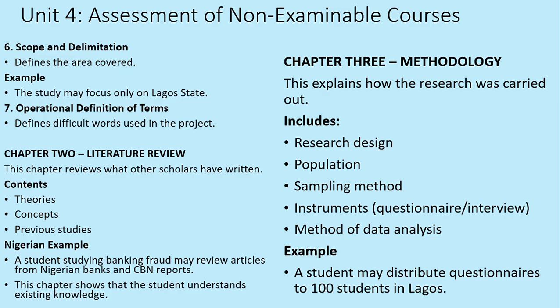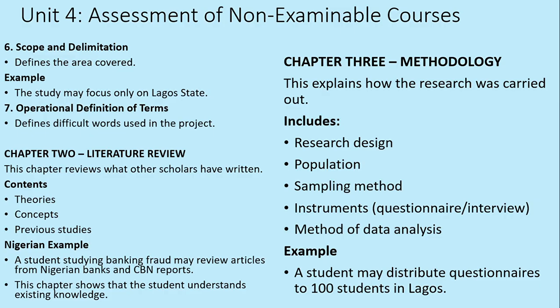Another example is that this chapter shows the student understands the existing knowledge. It is a continuation of that example. It means you, as a student writing a research project, understand existing knowledge and are able to make use of what you extract from it. So that is chapter 2, the literature review.